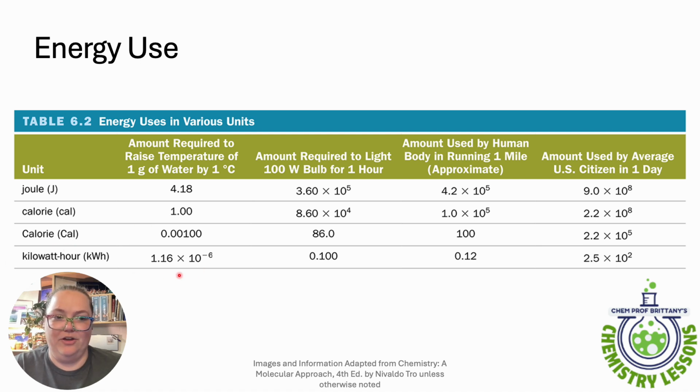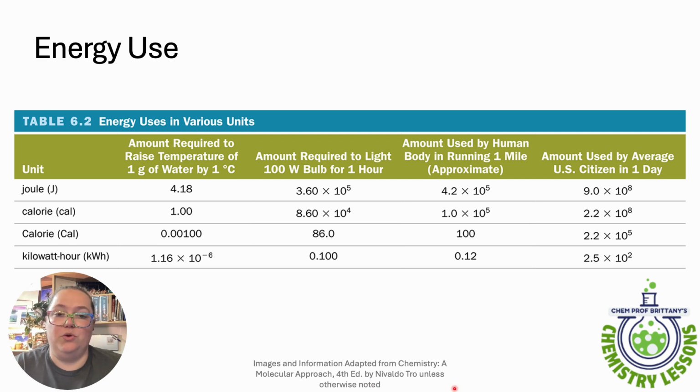This is the number that your electric company looks at. To light a 100 watt light bulb for 1 hour, it's 0.1 kilowatt hours. So 100 watts is 0.1 of a kilowatt. That is the same as 86 food calories, or 3.6 times 10 to the 5th joules.